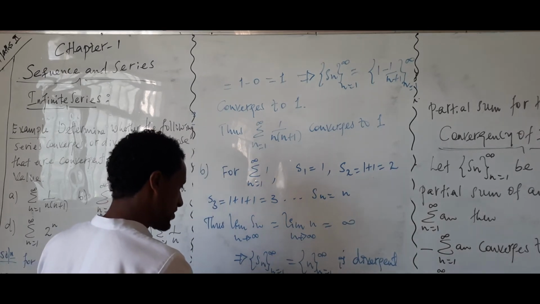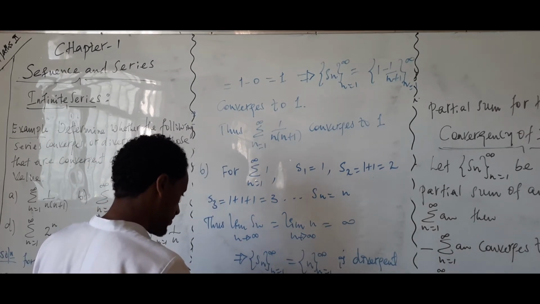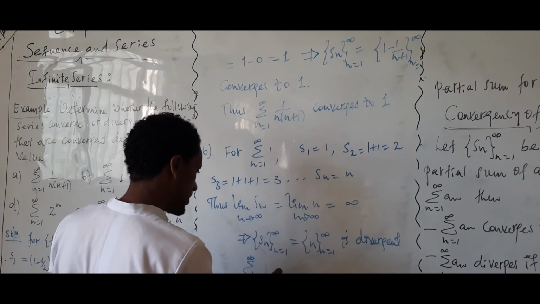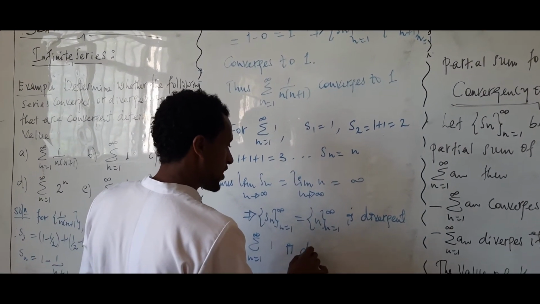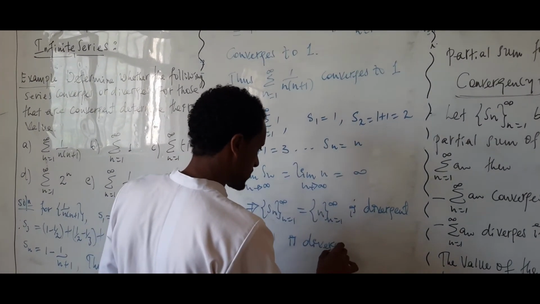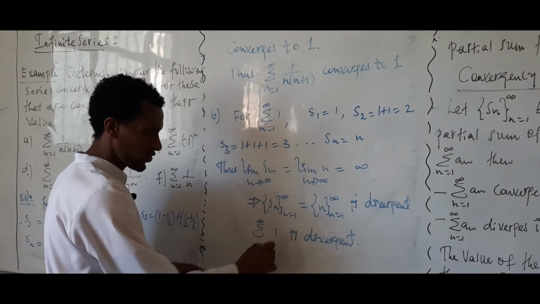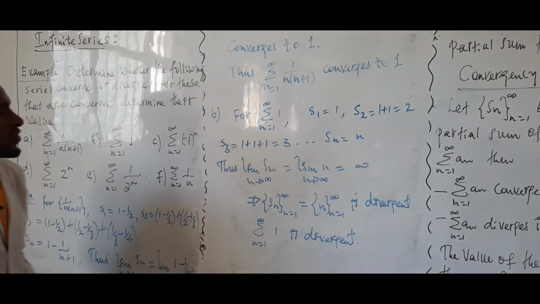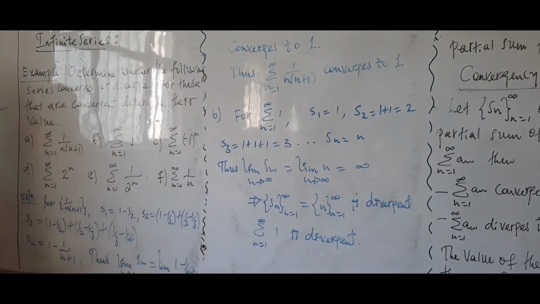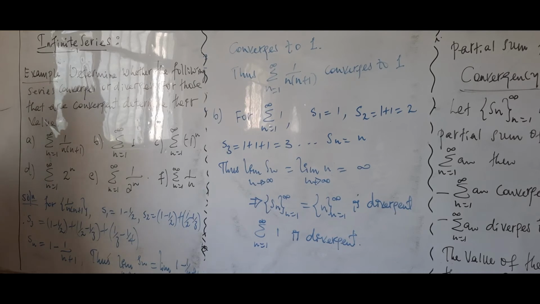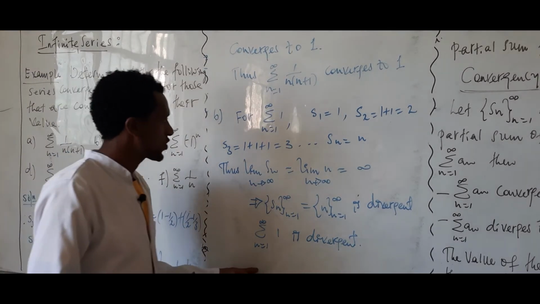This implies the sum of 1, n from 1 to infinity, is divergent. This sum goes to infinity as n goes to infinity.